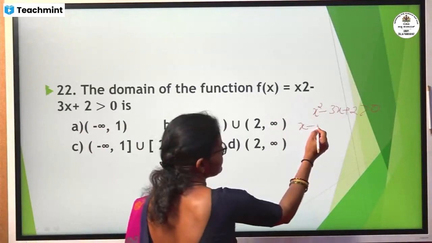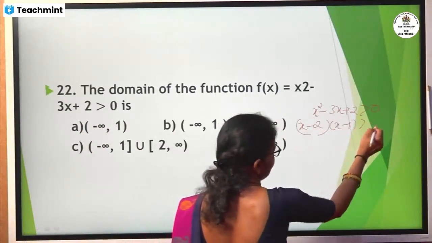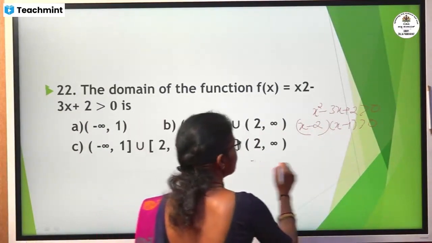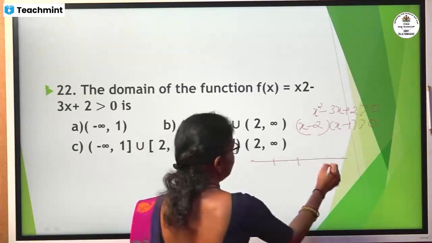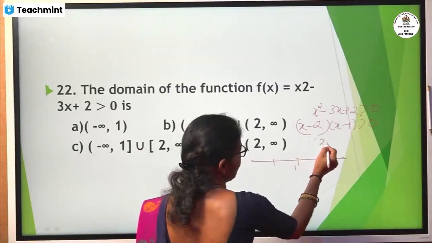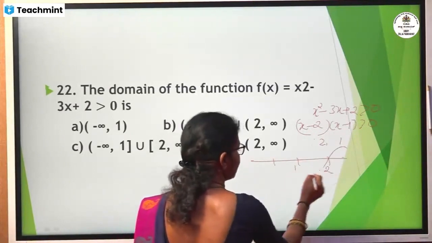If you factorize this, we get x minus 2 and x minus 1 as the two factors. So use the wave curve method. I'll consider here the zeros of the polynomial, 2 and 1. So consider 1, then 2, and start like this.